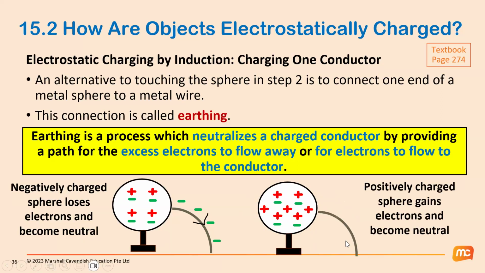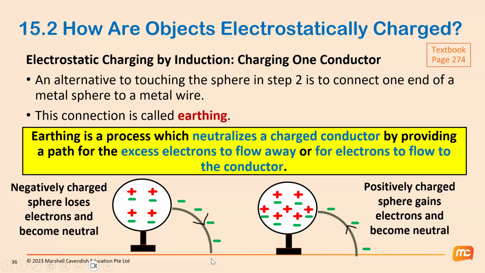Instead, electrons are the ones that move. I do not have enough electrons here, so electrons will move up. These 3 electrons will move up into this sphere until I have an equal number of plus and minus. So the positively charged sphere actually gains electrons from the earth and becomes neutral.